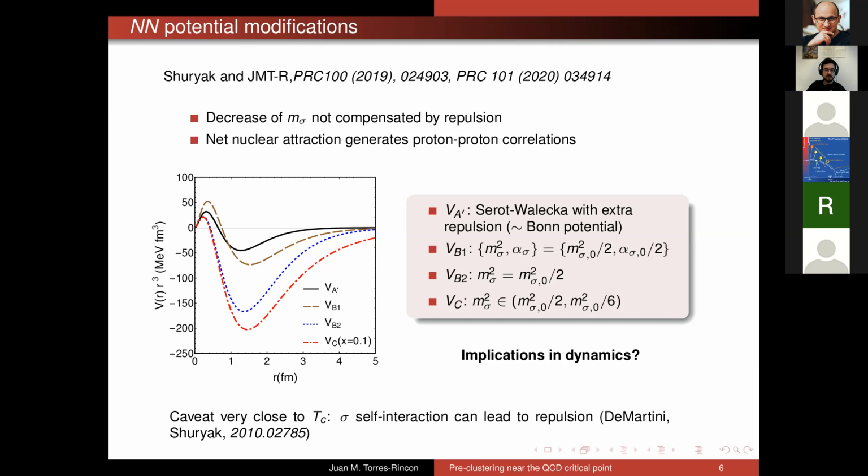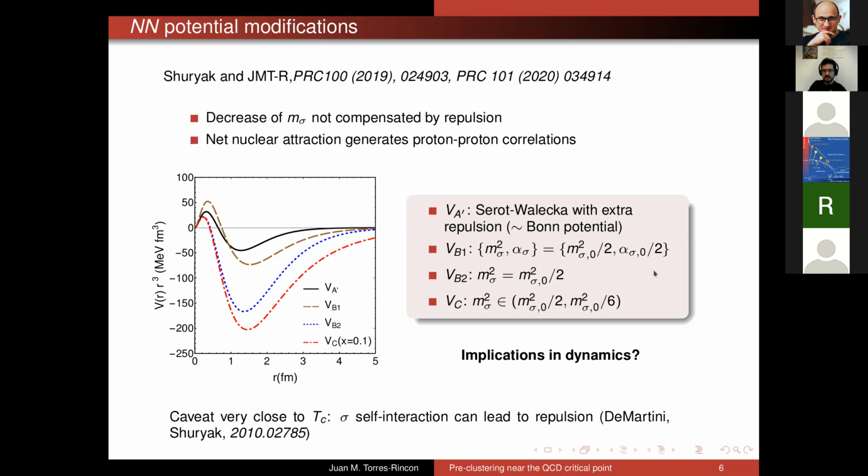Here I illustrate this modification of the potential. This is just for illustration, not some particular calculation. It's simply using the Serot-Walecka potential and then modifying by hand the different parameters of the potential. So here I just change the mass of the sigma by some factor. In any case, this mass cannot really go to 0.